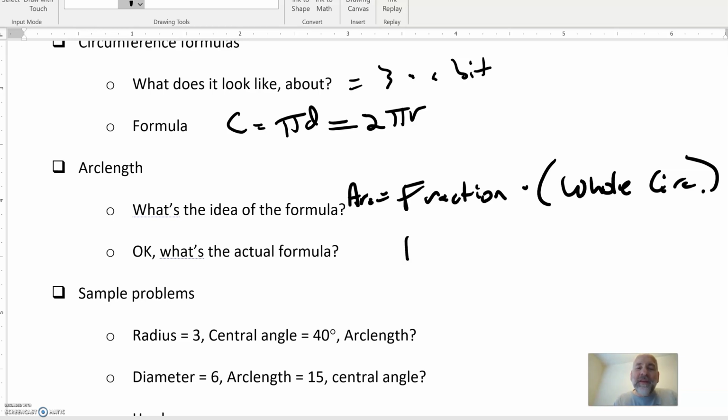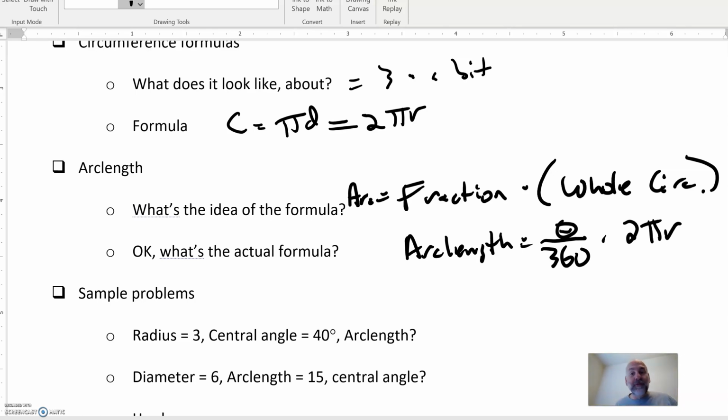The arc length is, and so here's how we write it. What's the fraction? It's going to be theta divided by 360, whatever that central angle is out of the whole circle. So that's just the 40 over 360 we did on the first one, times 2 pi r. And again, you could say times pi d if you prefer that. So this is the arc length formula.